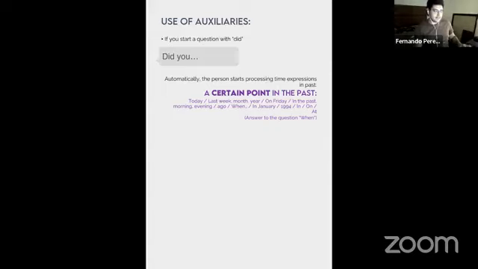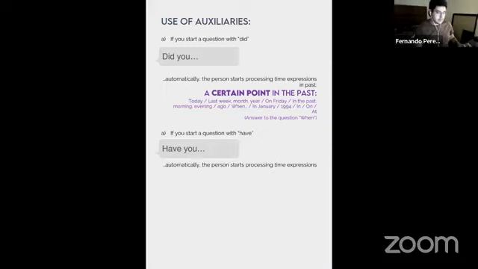If you start a question, example A, example B, if you start a question with have, automatically the person starts processing time expressions about other context.